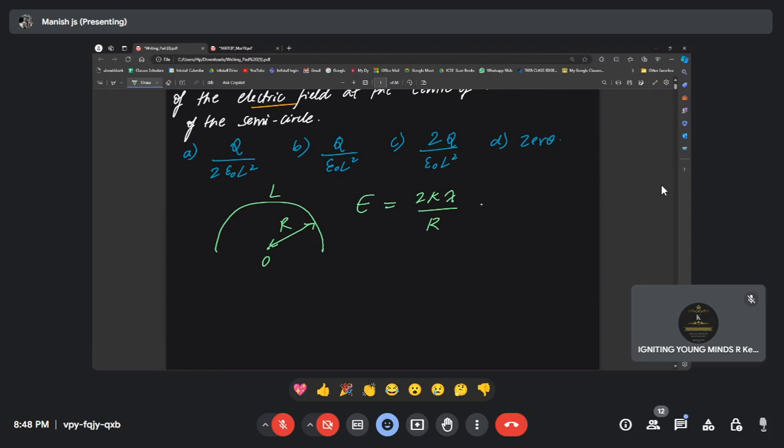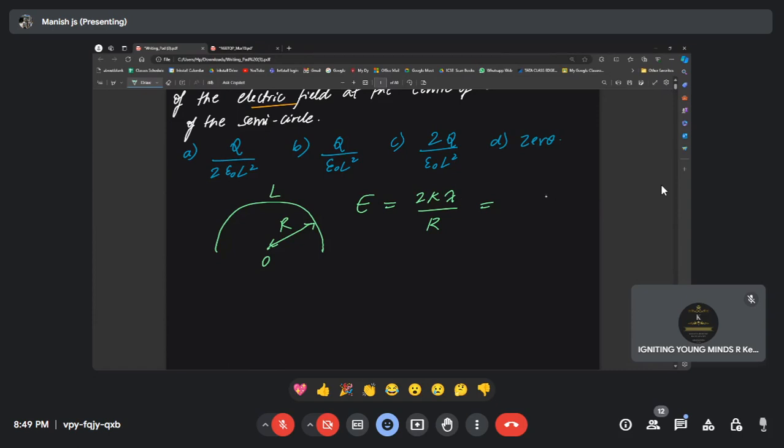Now you all know that k is equal to 1 by 4 pi epsilon naught, right? So you know that relationship. So we are further simplifying here, and lambda is the linear charge density. So that is what we are trying to use.